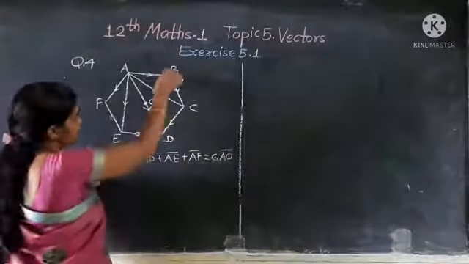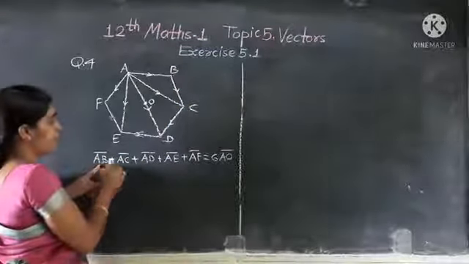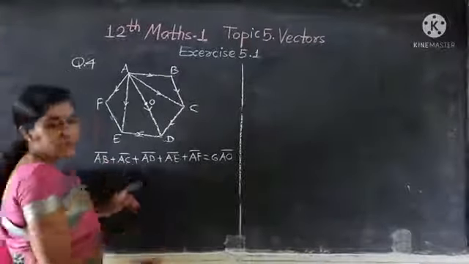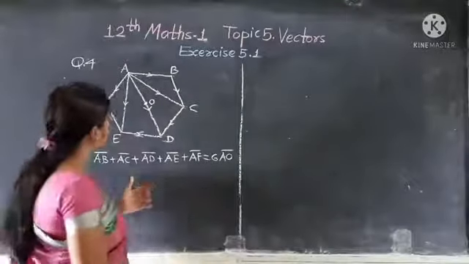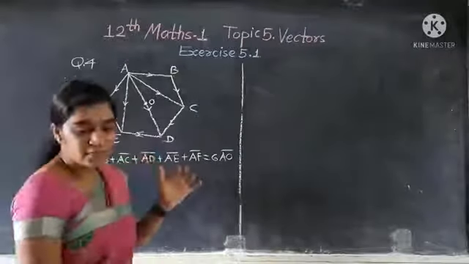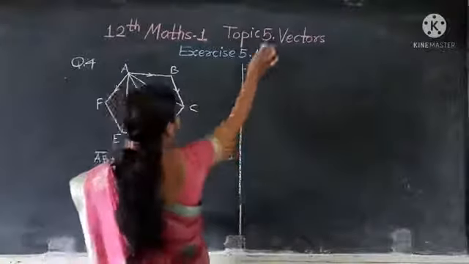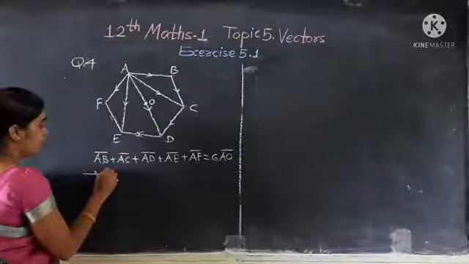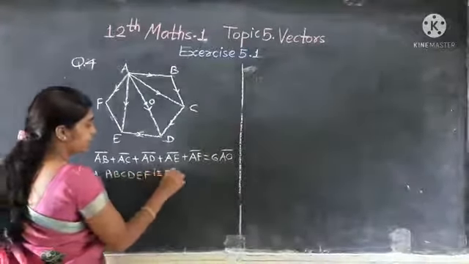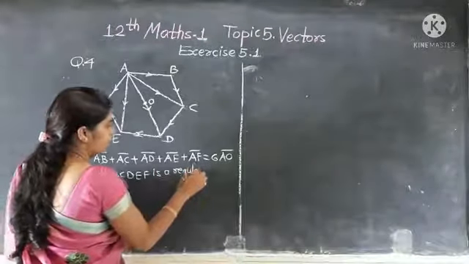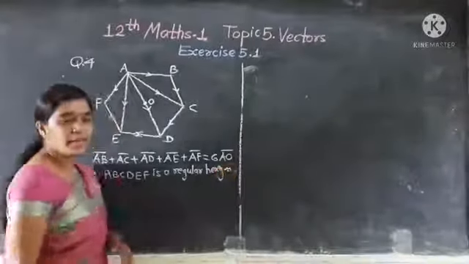So first we see AB bar plus BC bar is equal to AC bar. See student, this is a regular hexagon, so opposite sides are equal. ABCDEF is a regular hexagon.